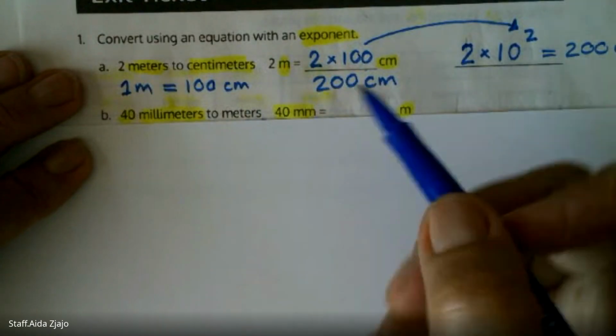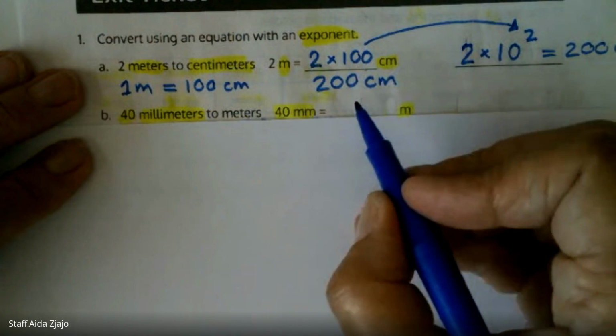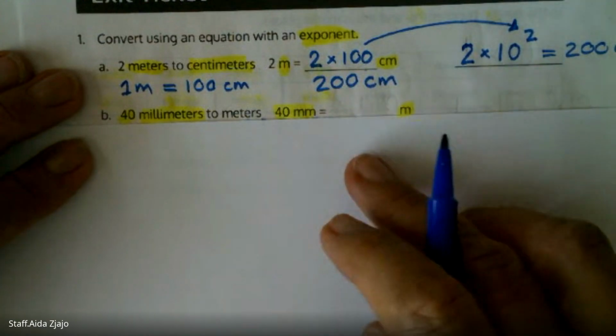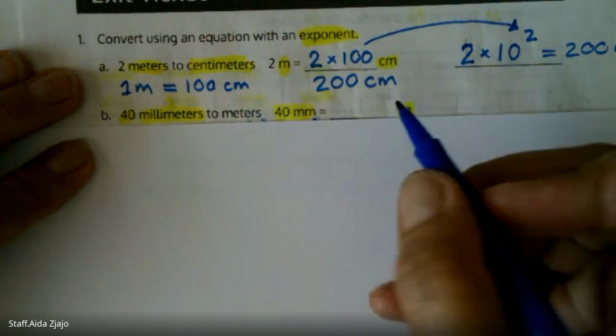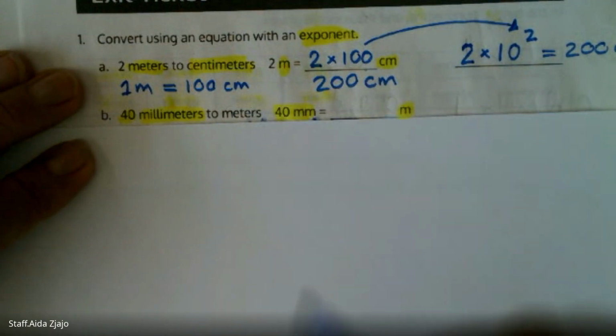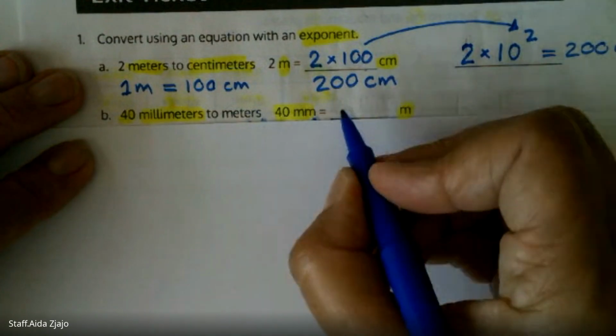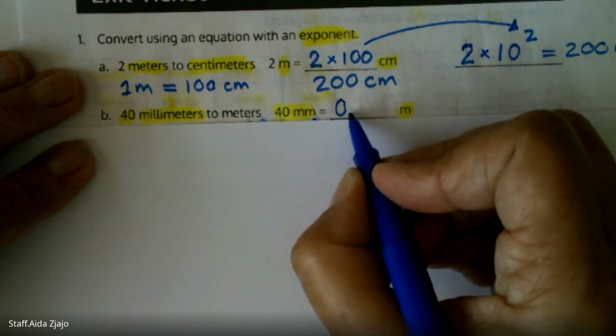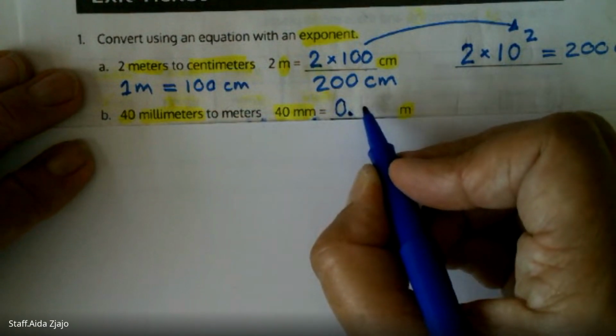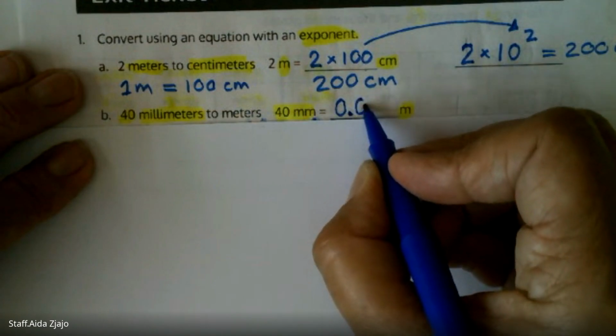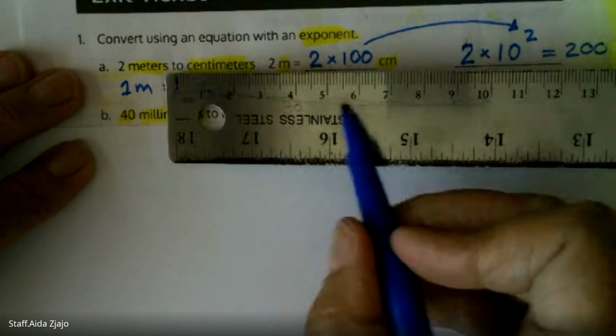Very simple, Mrs. Z could think about it: if I have 40 millimeters, you need 1,000 pieces to have the whole meter. So you do not have a whole meter. You do not have the decimeters. Look, you're right about here.